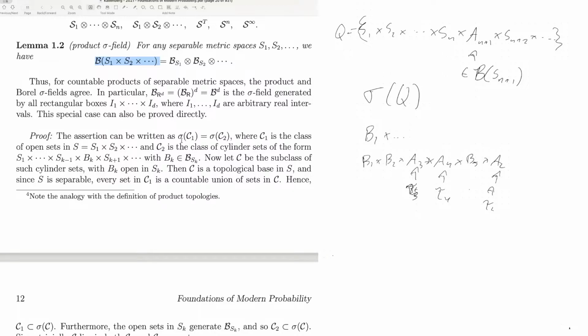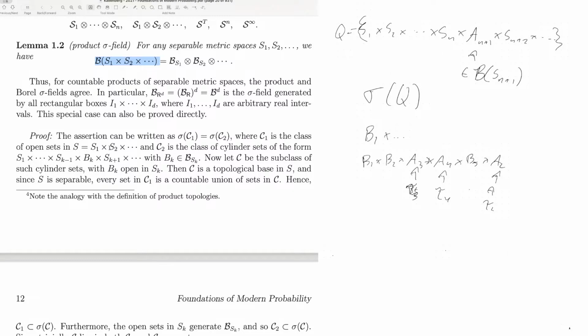It almost seems like it should be really obvious. It can be shown that C1 is a class of open sets in S1, and so on, and C2 is the class of cylinder sets of that form.